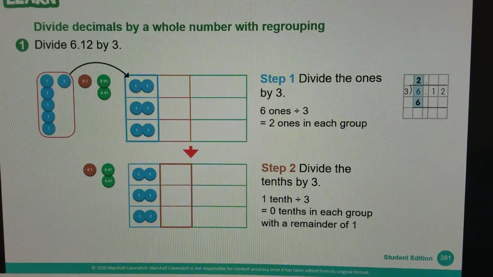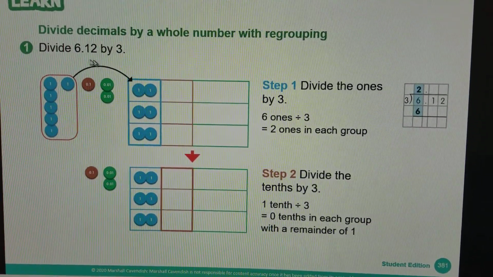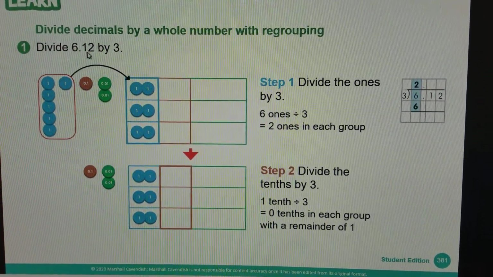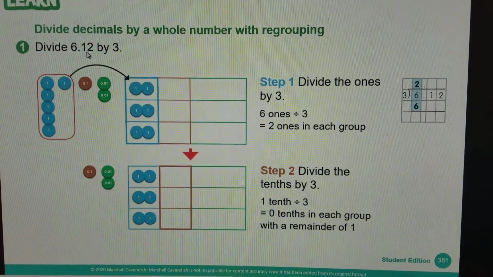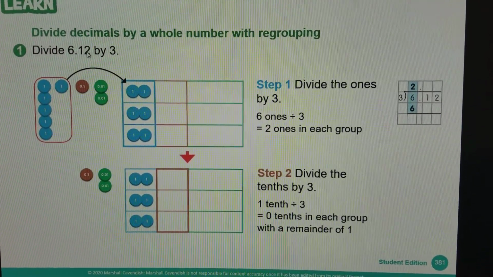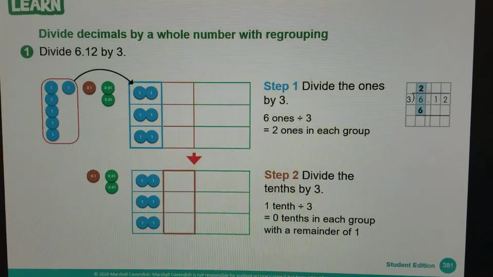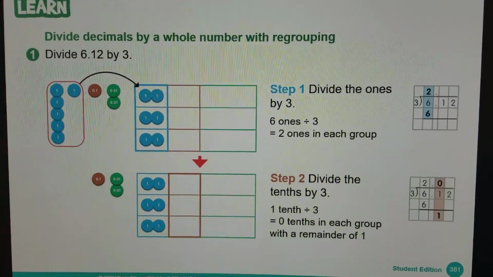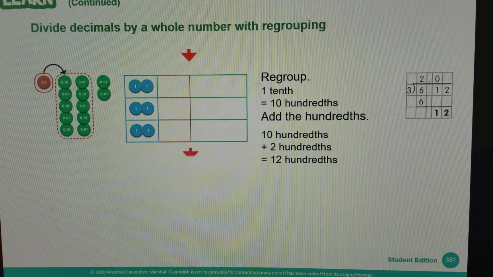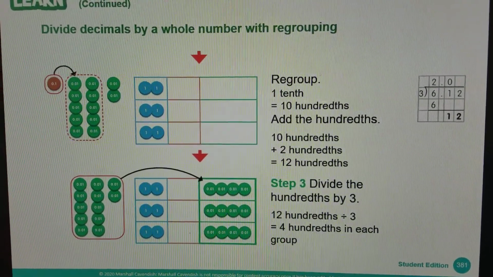And then what happens is that now I'm going to think of the 1/10 as 10 hundredths. So 10 hundredths and 2 hundredths makes 12 hundredths. I have 12 hundredths, 12 pennies divided by 3. They each get 4. 4 pennies, 4 hundredths. They get 0 tenths. But 3 into 12 is 4/100.